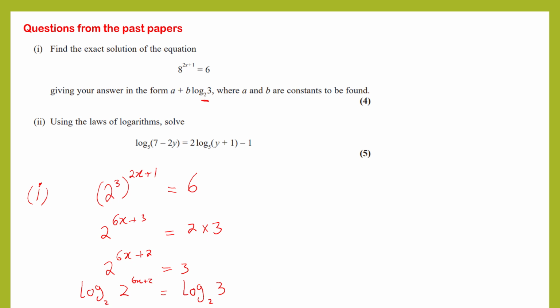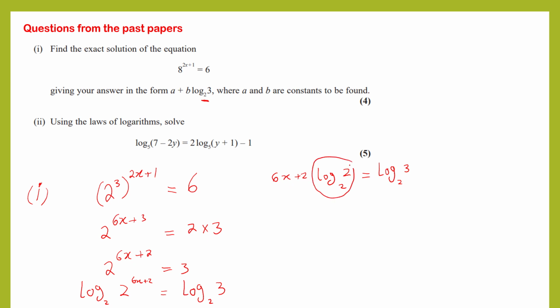As you saw in the previous slides, when we have a power on the variable or the constant, this must be shifted out. So it will be 6x plus 2 out. Then we have log 2 to the base 2 equals log 3 base 2.